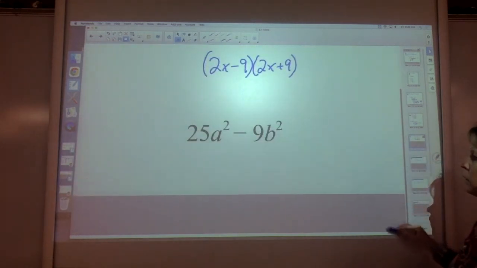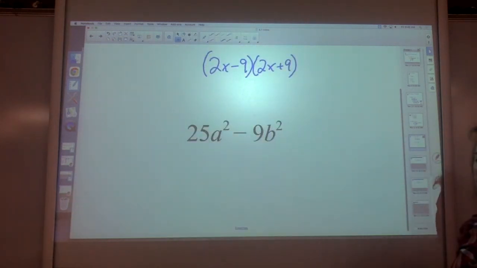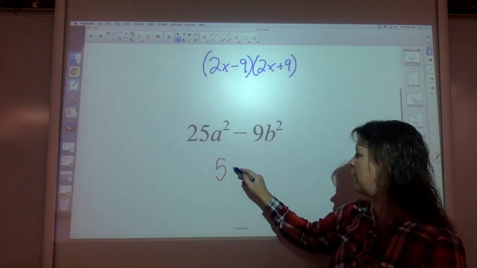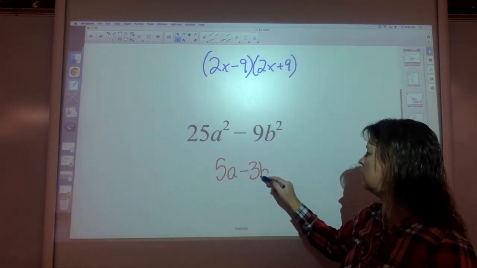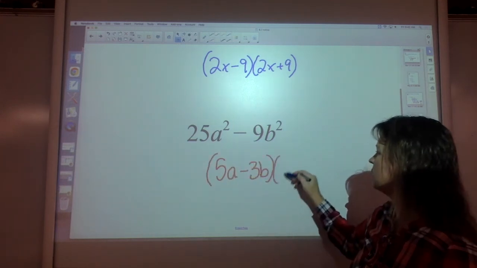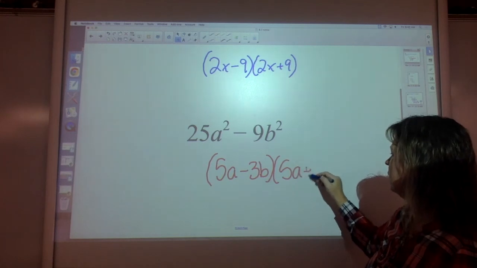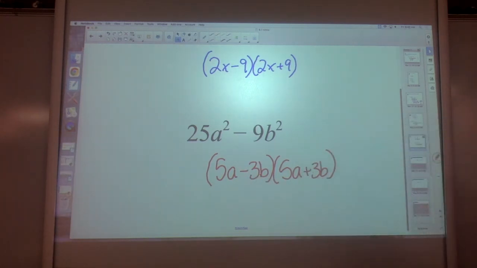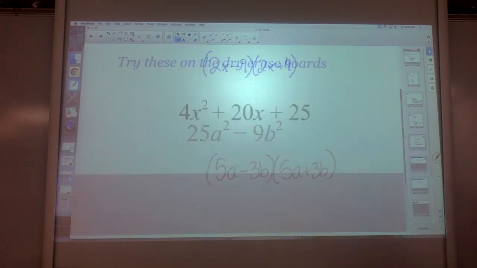Try this one, 25a squared minus 9b squared. Pause it and come back. And you're back. Did you get 5a minus 3b and 5a plus 3b? Order doesn't matter. You could have done the plus first and then the minus. Those are difference of two squares.